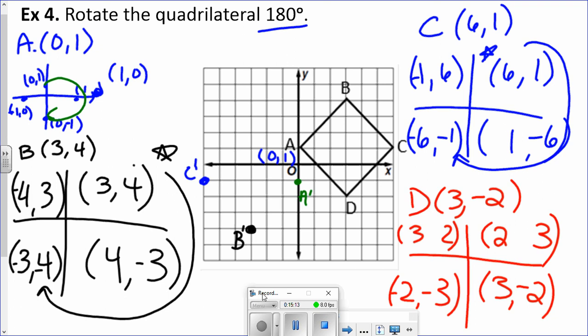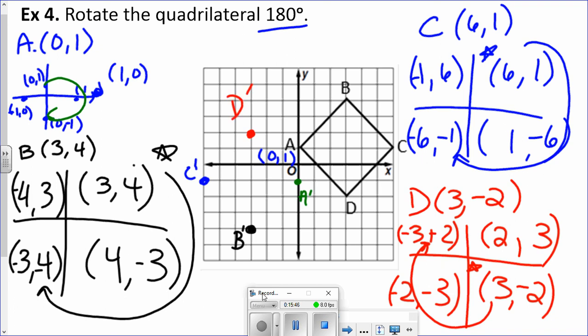In this quadrant, it needs to be positive, negative. And this quadrant needs to be negative, negative. And then if we start here, and we need to move 180 degrees, we're going to do it twice. So we should end up in quadrant 2. Sorry, did that backwards. Negative 3, positive 2. And there should be the coordinates of D prime.